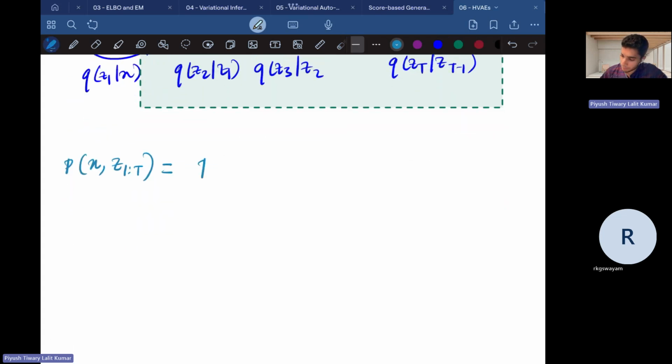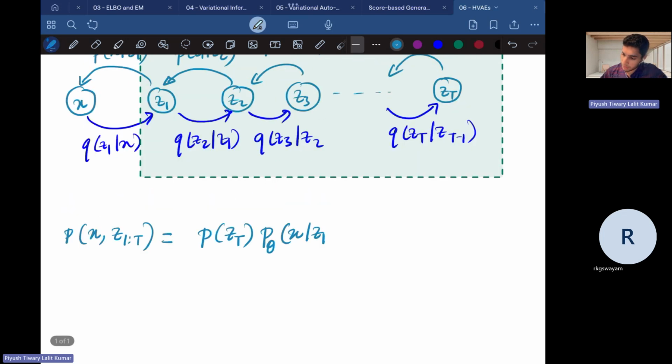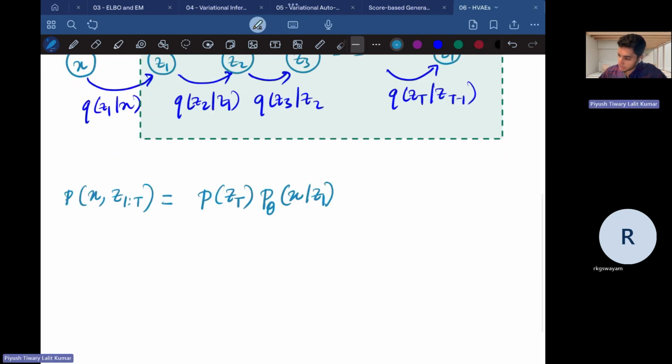So that will look like P of ZT. If you have a parameterized distribution, this will be P theta of X given Z1, that's this part. Then you have P theta of Z1 given Z2, so on till P theta of ZT minus 1 given ZT.